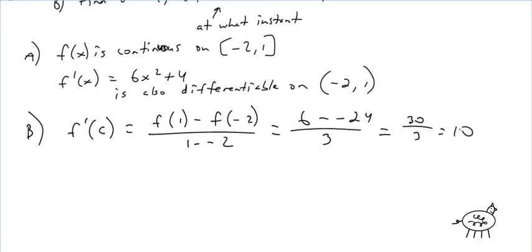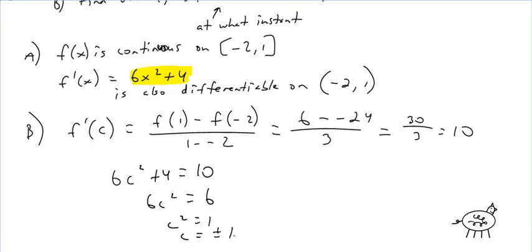That's my average rate of change. And then my derivative is 6x squared plus 4. This is the derivative right here. Just putting c in there, so 6c squared plus 4, and that's going to equal the average. It's really easy. So you get 6c squared equals 6, so c squared equals 1, so c equals plus or minus 1. That's your answer. Pretty easy, right?